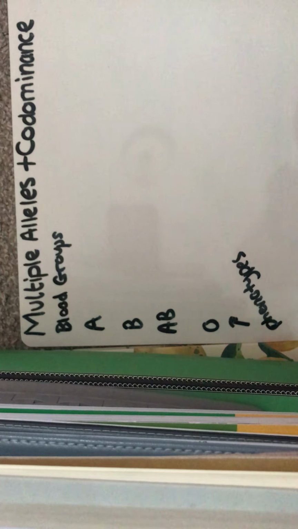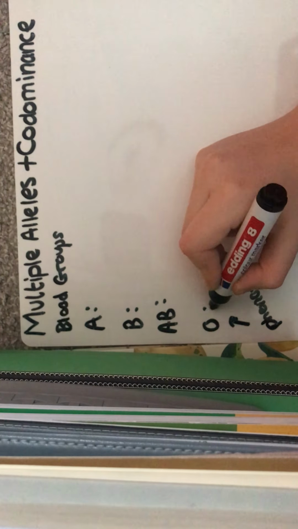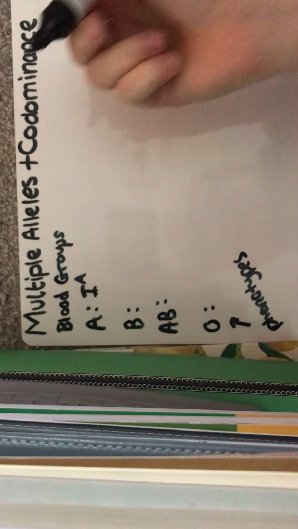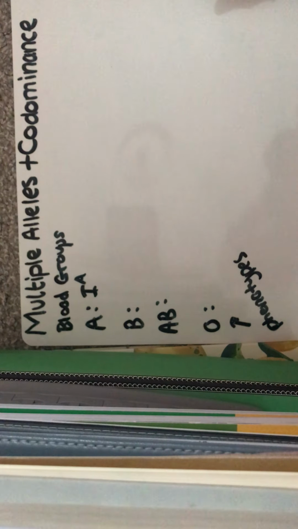What we're going to represent these with: the gene for the blood group is represented by the letter I, but then we show the allele as a superscript, so like to the power of A, which is how we show multiple alleles and alleles that are co-dominant.